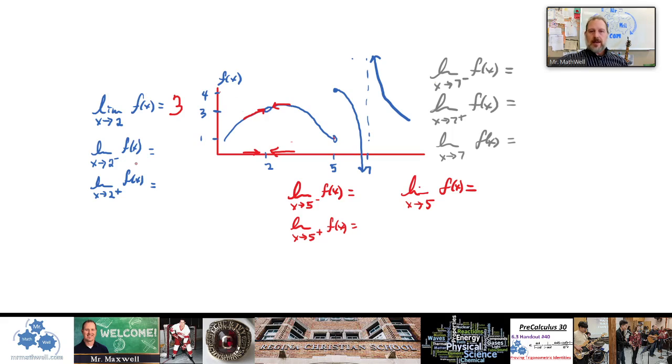So what about the left-hand limit, okay? The left-hand limit as x approaches 2 from the left. Well, that's just this half. And that means we just look at this part. And as it approaches 2, well, this graph seems to get very close to approaching 3. So the left-hand limit is also 3.